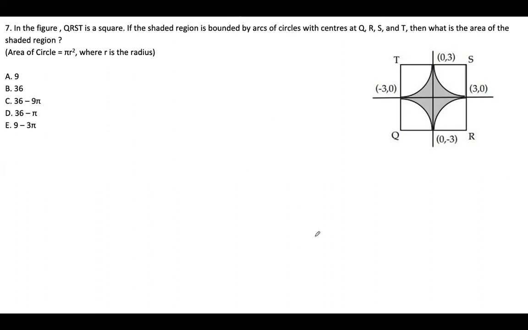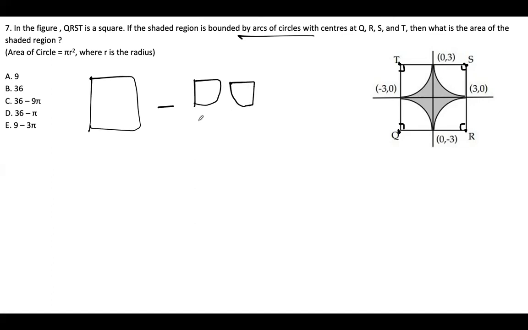In the figure QRST, which is a square, if the shaded region is bounded by arcs of circles with the centers at Q, R, S, and T, then what is the area of the shaded region? The area of the shaded region would be area of the square minus one circle.